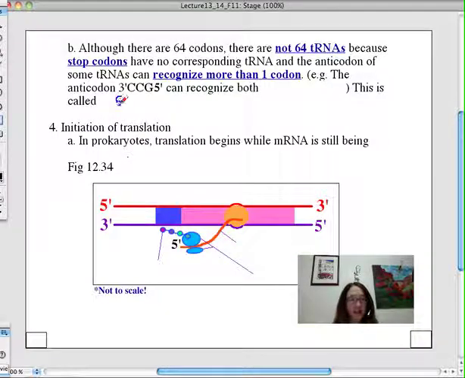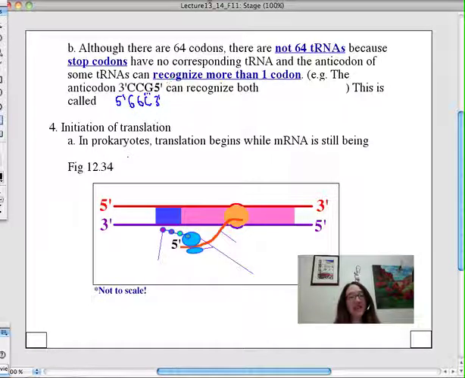So we would expect it to recognize 5' GGC. But on the other hand, it turns out that right here in this position where the G and the C hydrogen bond, there's actually some flexibility right there. That G can get loosey-goosey actually and recognize more than one nucleotide right in that particular spot. So this is a phenomenon called Wobble.